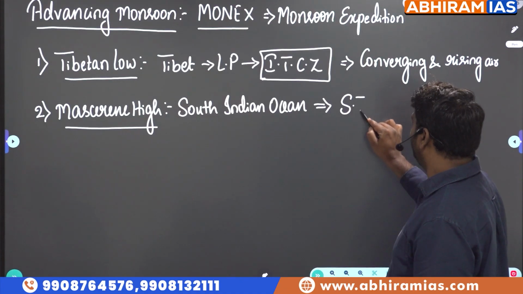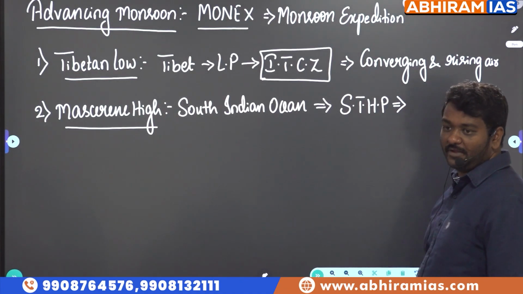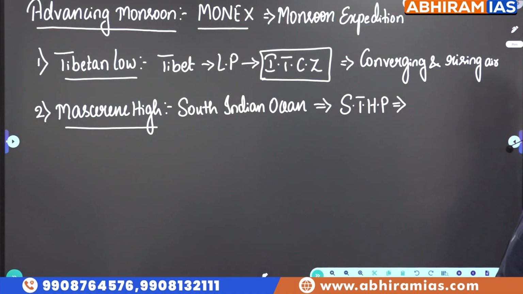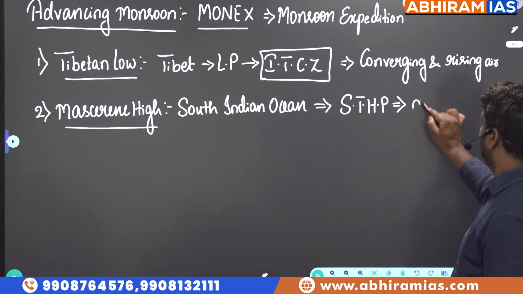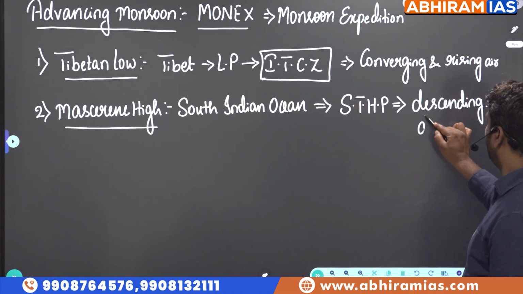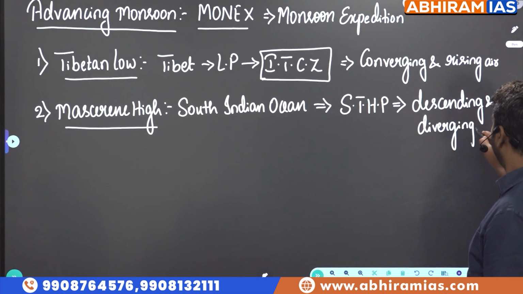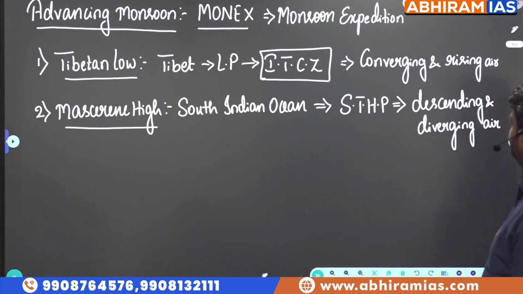It is a region of subtropical high pressure. Last 2 years back question, it has descending and diverging air. Mascarene high has descending and diverging air.